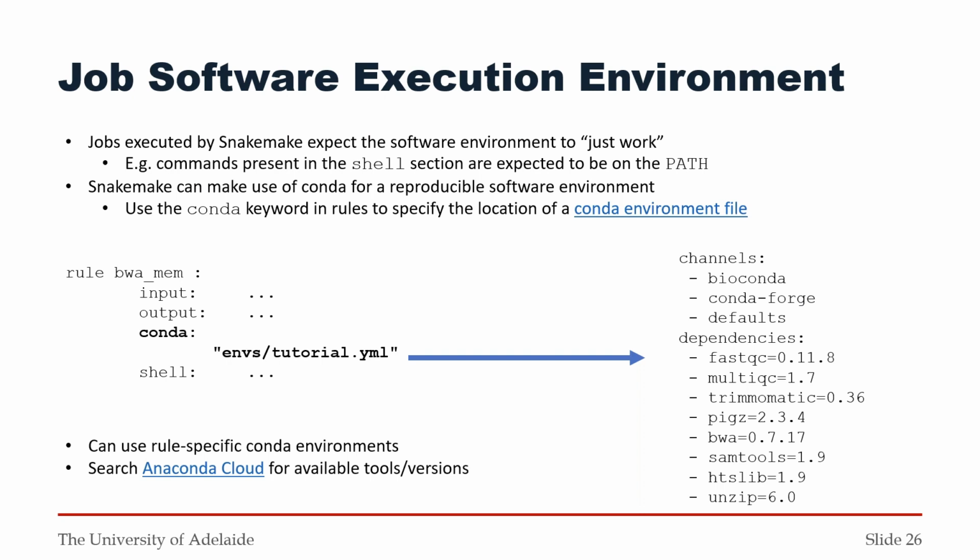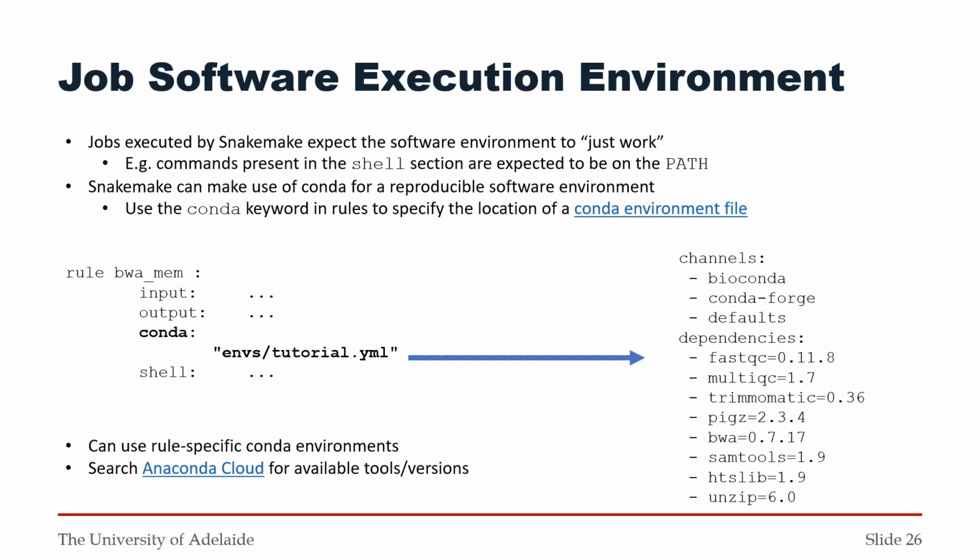These Conda environments can be specified on a per rule basis. So here and in the rest of the Snakefiles that are distributed in the repository, these all refer to the same tutorial YAML file, so effectively every rule has the same environment setup. However, that doesn't have to be the case.